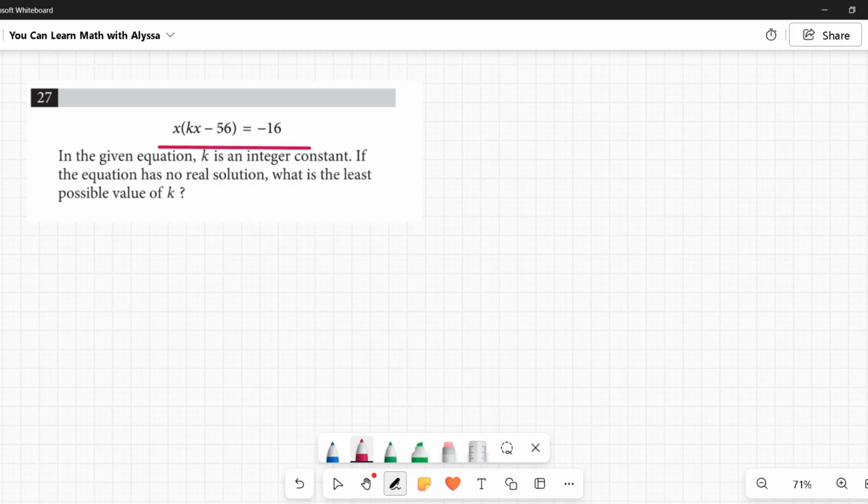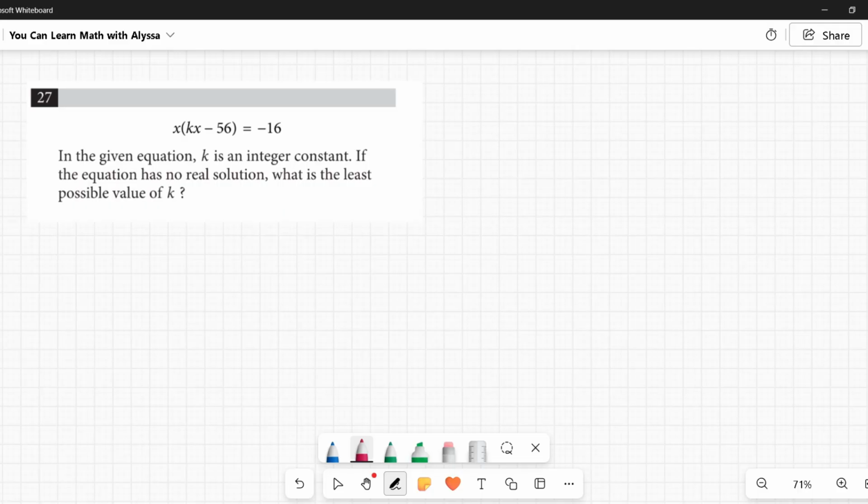So first, I see when I multiply this, I'm going to get an x squared. So this is a parabola. Right off the bat, it's a parabola. And there is a way with parabolas and with the quadratic formula, the formula we use to solve quadratic equations, that can tell us when there's no solution. So that's immediately where my mind is going.